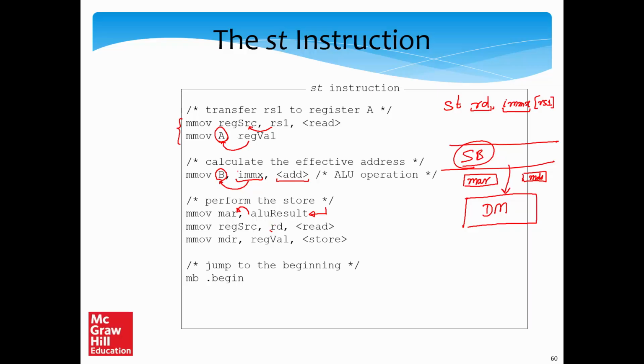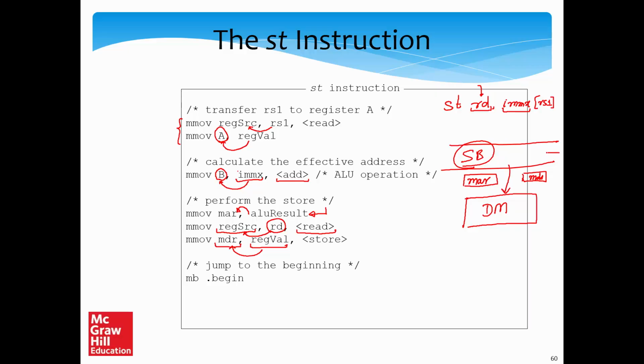We read the ID of the RD register. In this case, RD does not contain the destination, rather it contains the data that needs to be stored. So in any case, we need to read it, by transferring its contents to reg source and initiating the read command. After that, the value is there in regval. This is transferred to the memory data register, MDR.